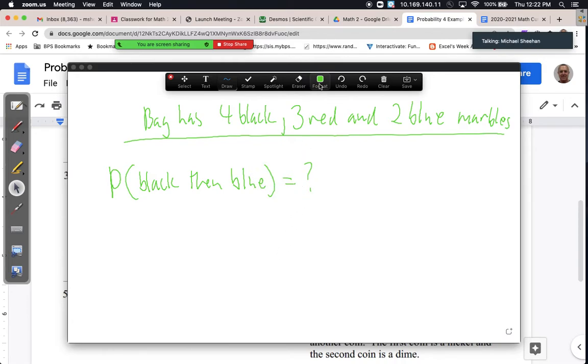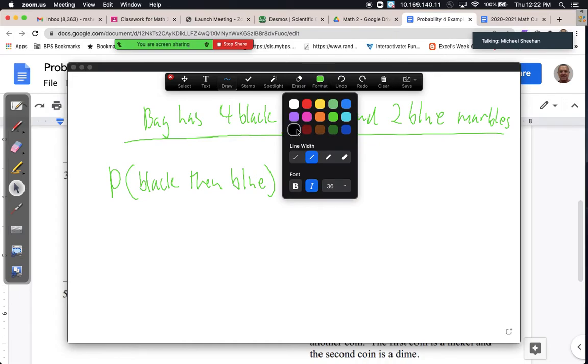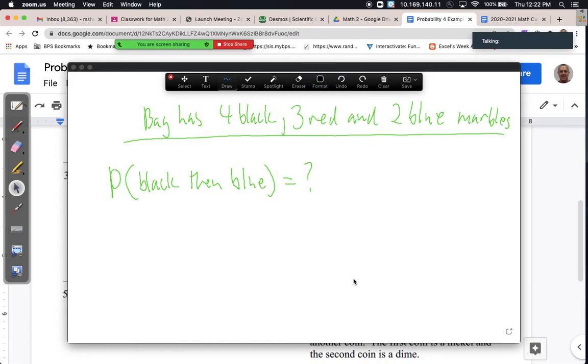But the key is I'm not going to put the first marble back after I take it out. So how many marbles do I have altogether? 9. Right, so my probability of getting black the first time is 4 out of 9.